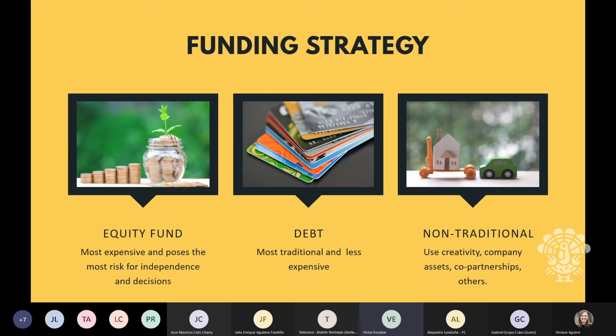The second one could be, the most traditional and maybe less expensive, the debt. You can get a loan with a bank. You can ask for credit cards as well, or there are bank loans or investment banks, and you can check what interest rate better accommodates your situation.